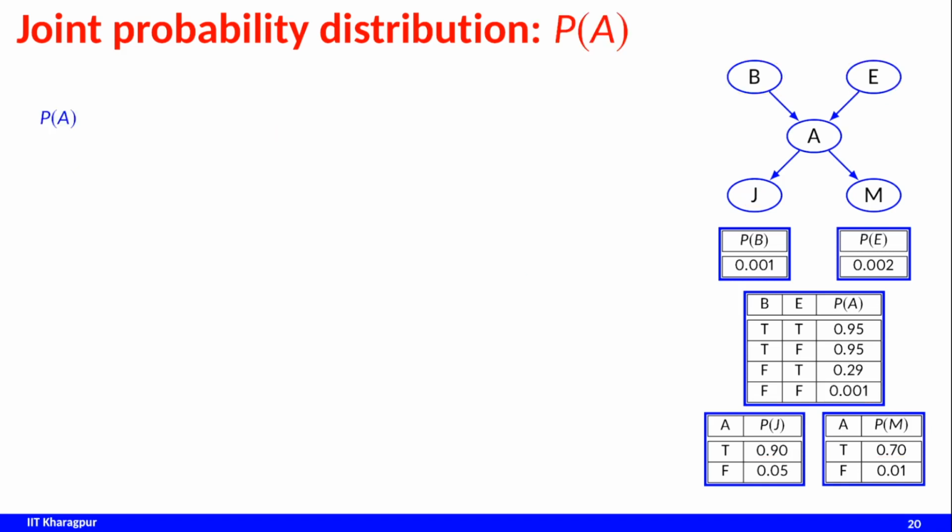So let's say we would like to determine probability of A. Now probability of A actually depends on B as well as E, because if you look at this, A is dependent on B and on E. But definitely I do not bother about J and M because they are not influencing A. Now if I want to determine probability of A, I have to look into all joint probabilities that A, B, E can generate, because B and E can influence A. So I have to explore all combinations of B and E for how A is happening.